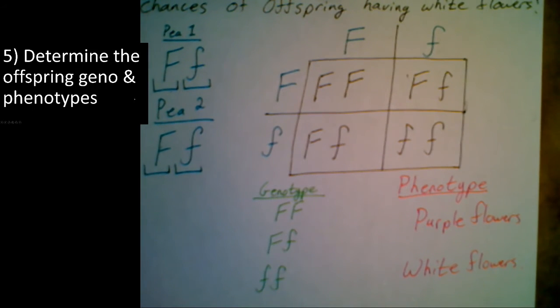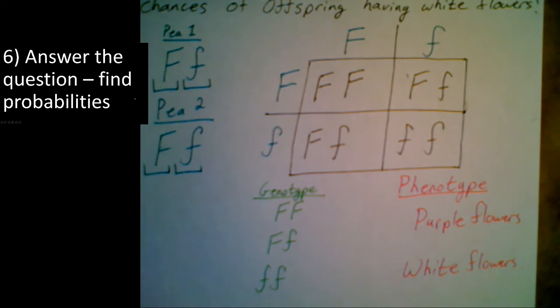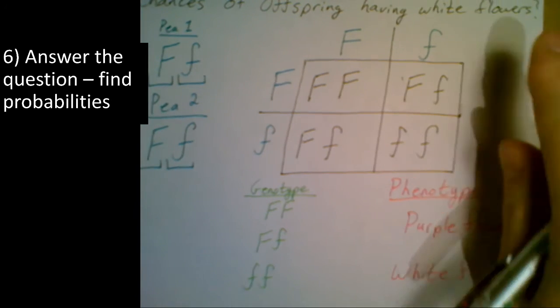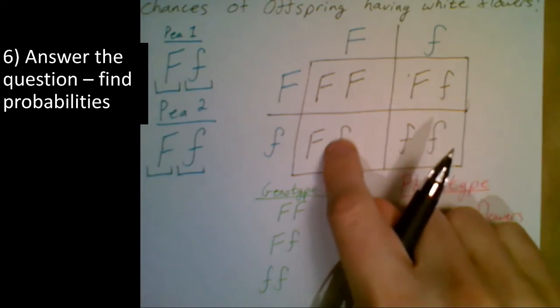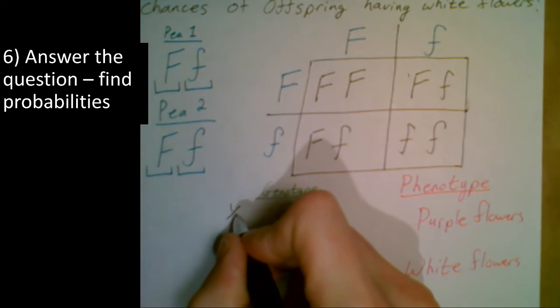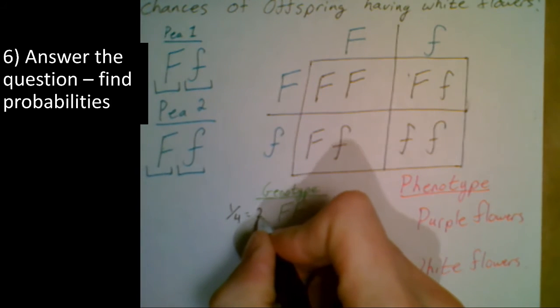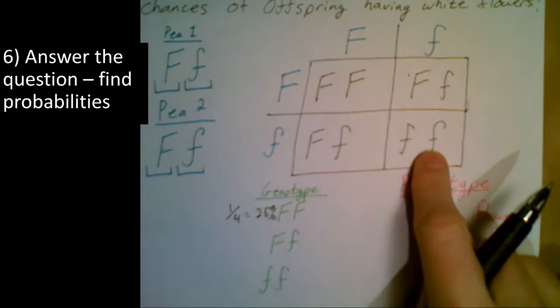And here's why we did this: we need to answer the question, what are the chances that the offspring will have white flowers? So what we can do is figure out the ratios of everything. Remember, this is out of 4. So there is a 1 out of 4 chance, or a 25% chance, that they will be homozygous dominant.